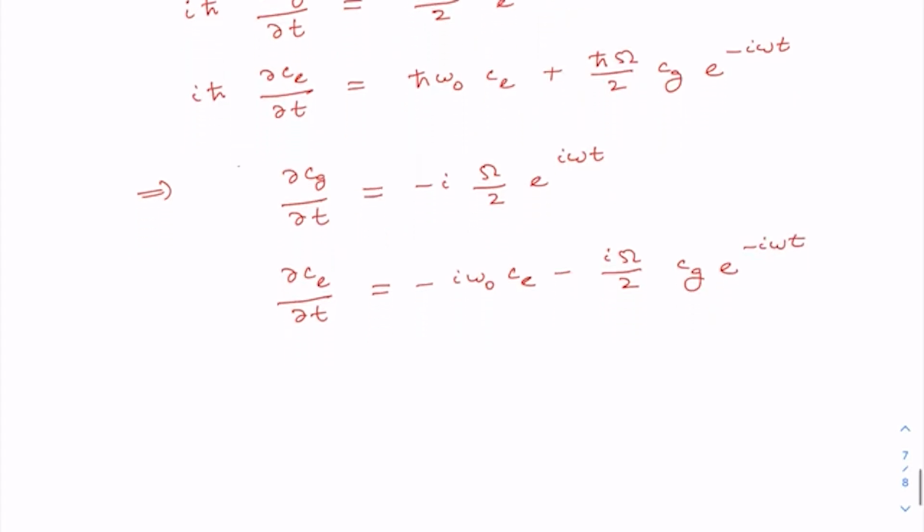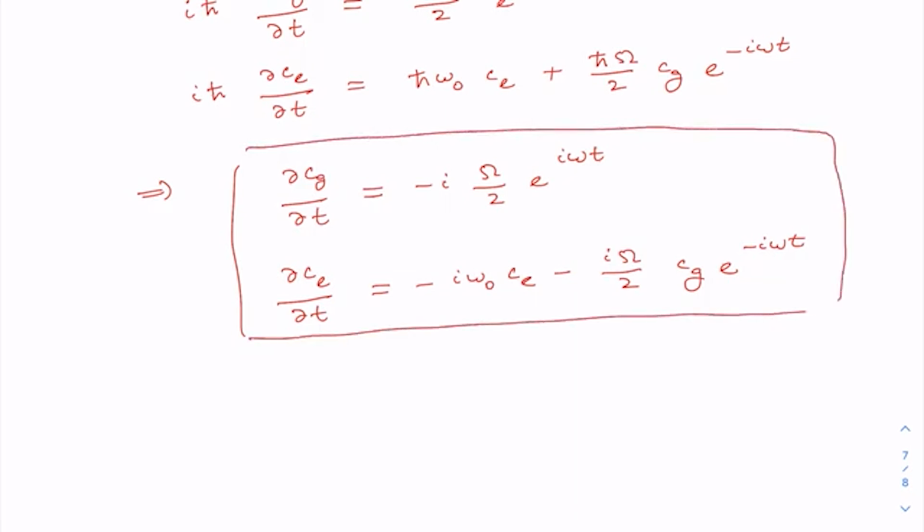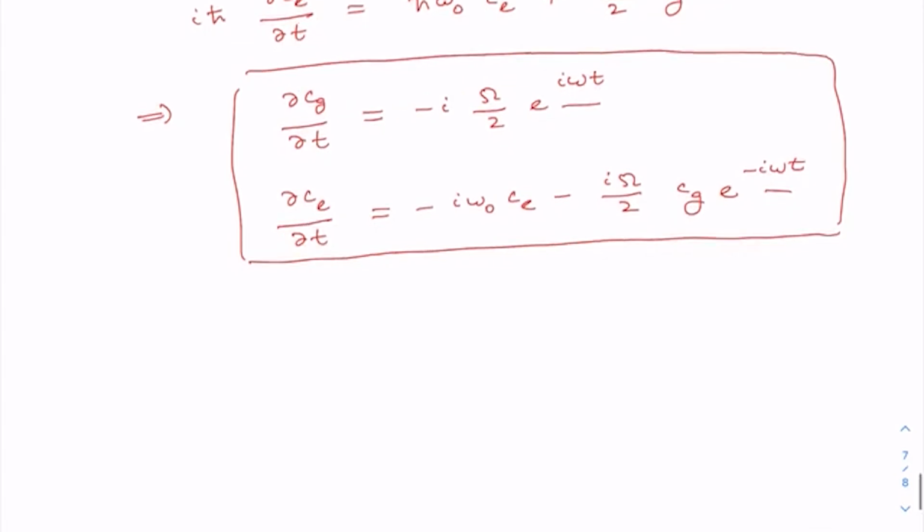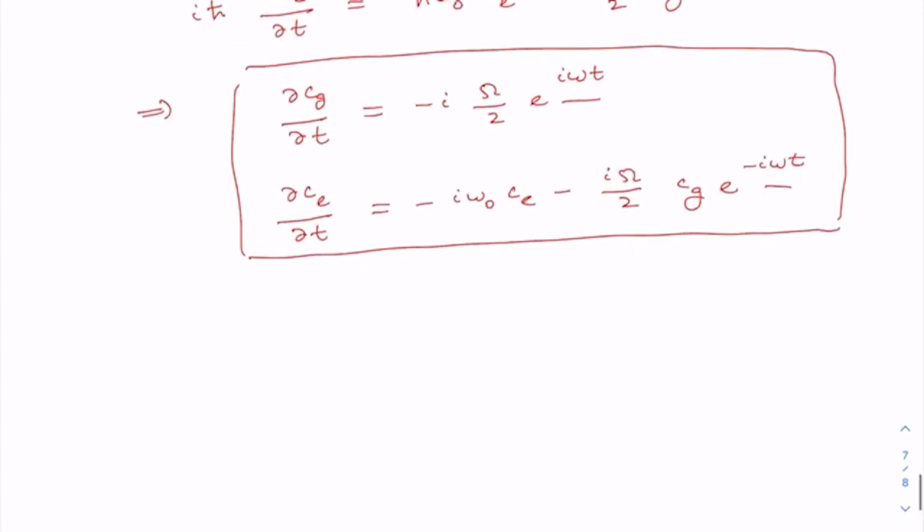These coupled first order differential equations involve oscillating terms at optical frequencies. Many times it is more convenient to transform into a co-rotating frame to get rid of this fast rotation or the explicit time dependence.